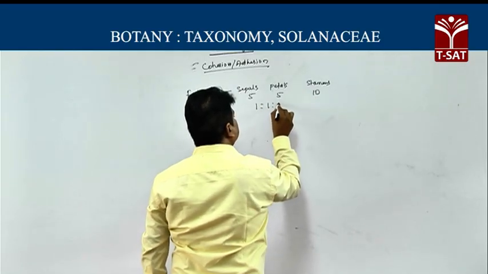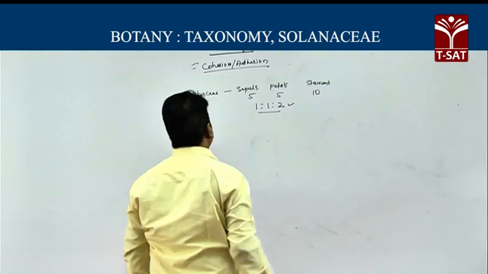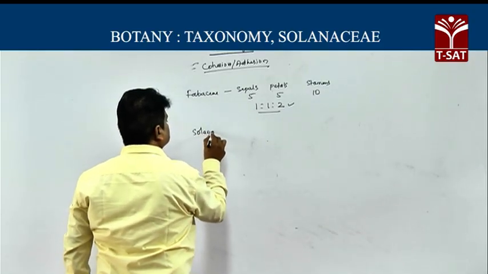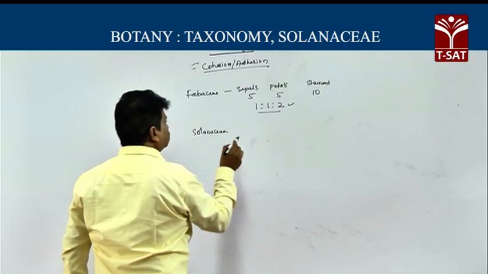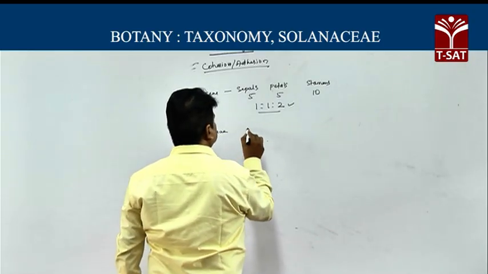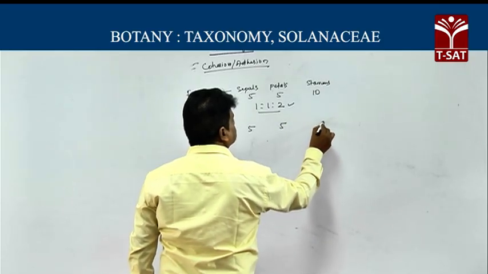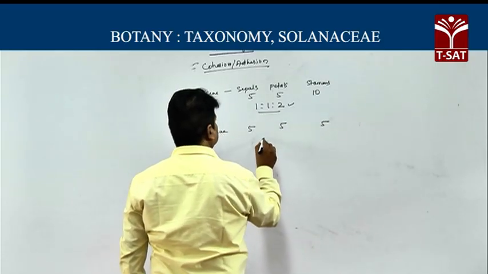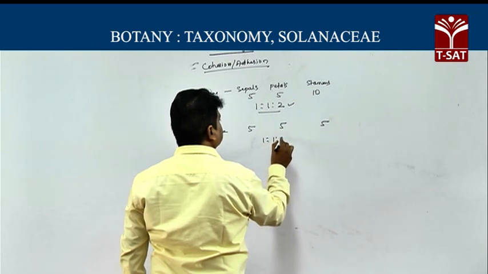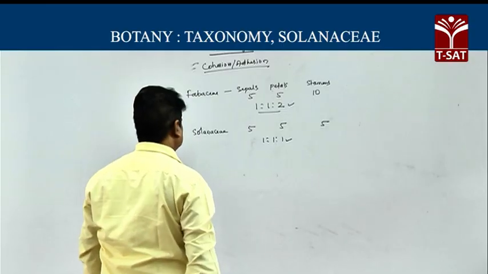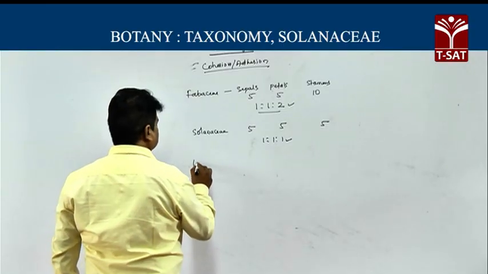So ratio 1:1:2. Then Solanaceae, sepals 5, petals 5, stamens 5. So in Solanaceae, stamens, petals and sepals 1:1:1.